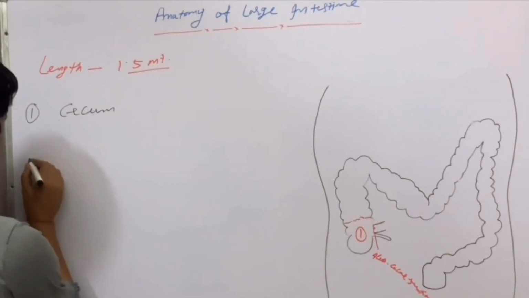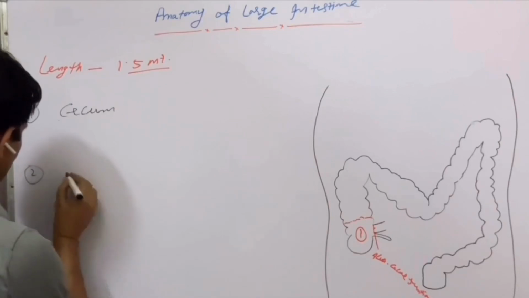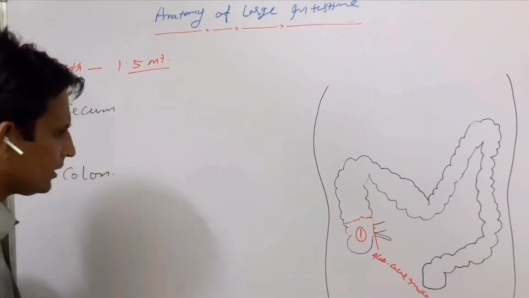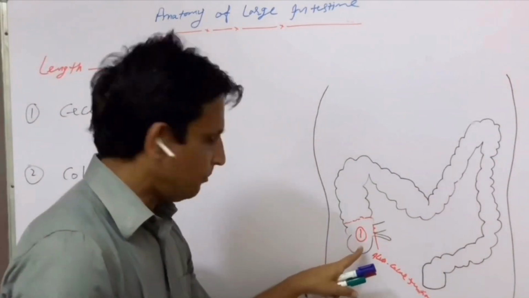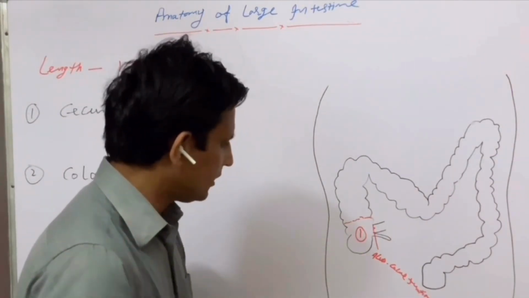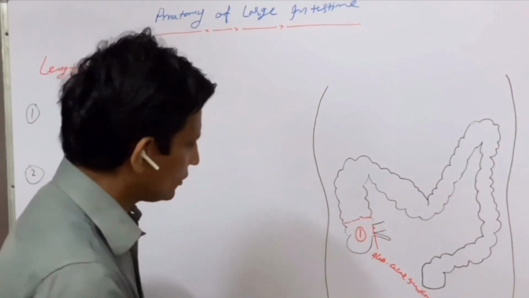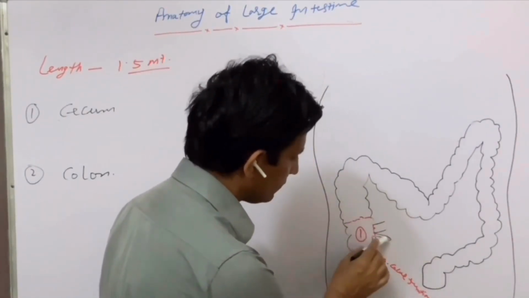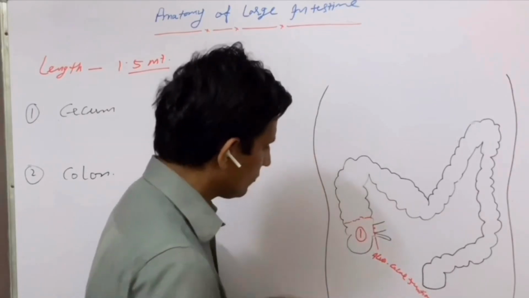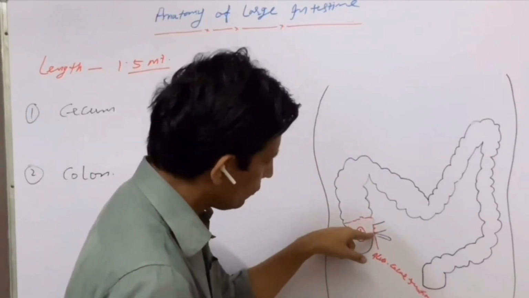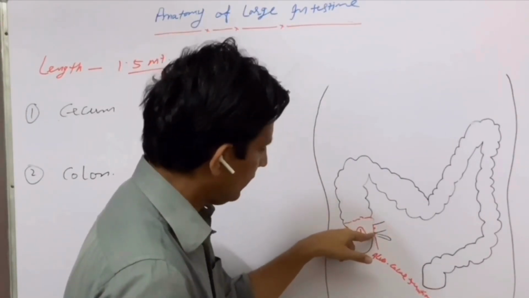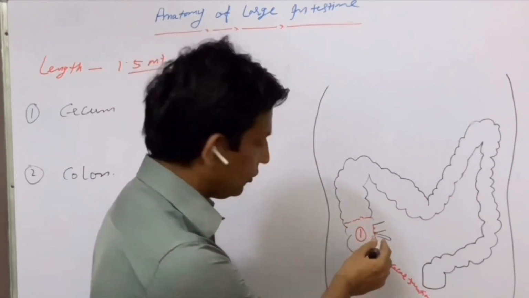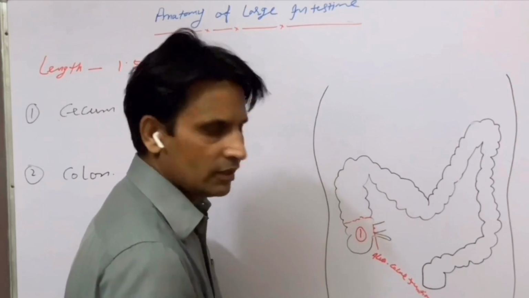So the second part is the colon, right? Here we will come back to the cecum. In the cecum, you can see one more projection, just below the ileocecal junction, and normally it opens around 2 centimeters below the junction of the ileum.